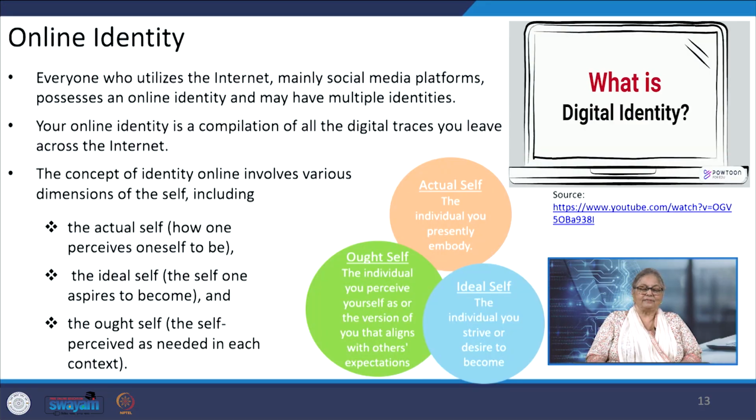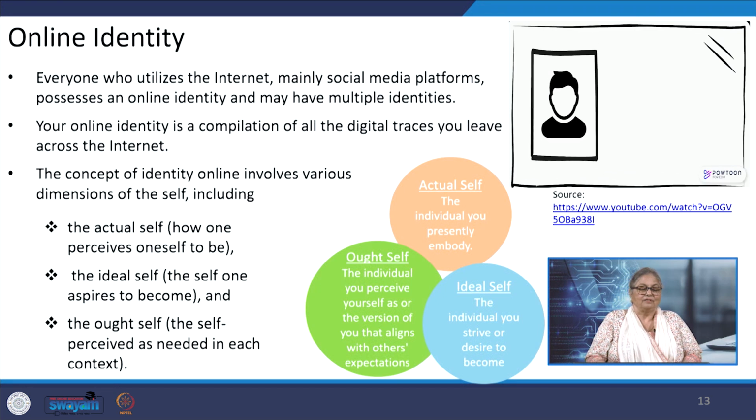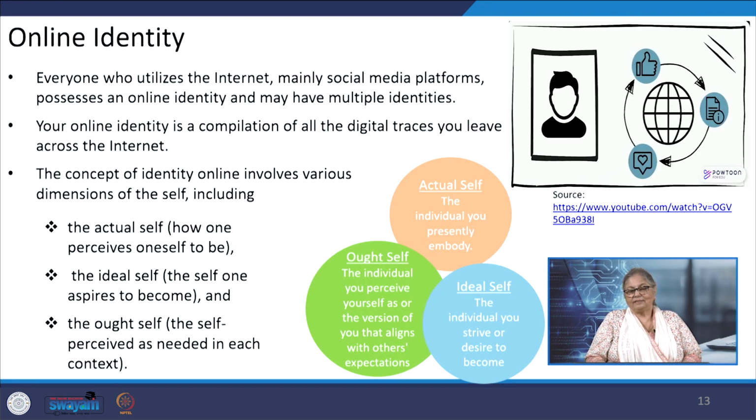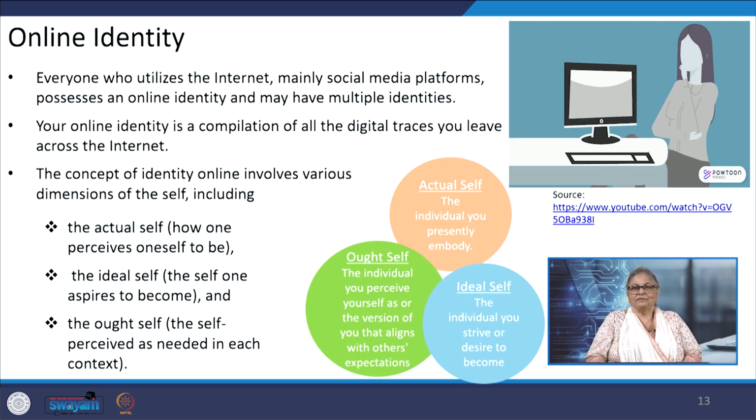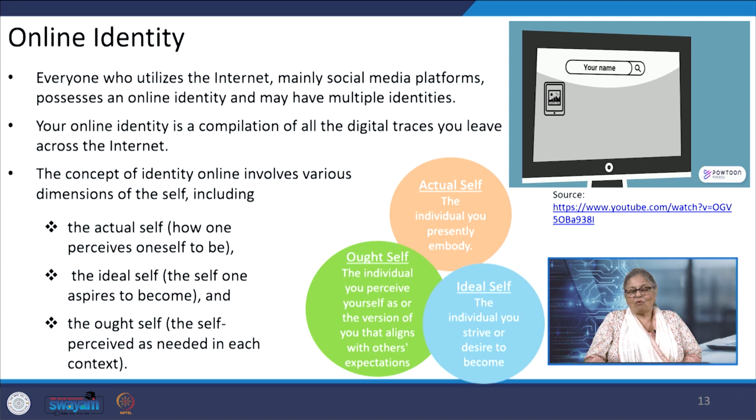Everyone who utilizes the internet, mainly social media platforms, possesses an online identity and may also possess multiple identities. Your online identity is a compilation of all the digital traces that you leave across the internet.